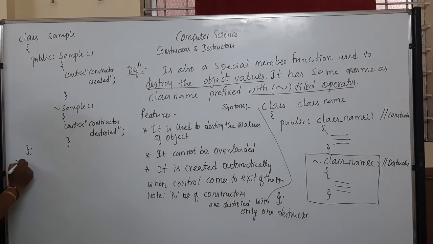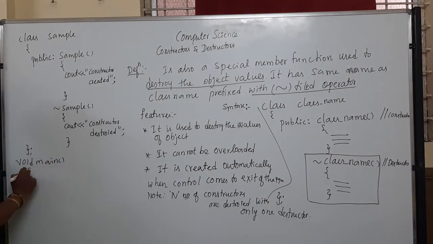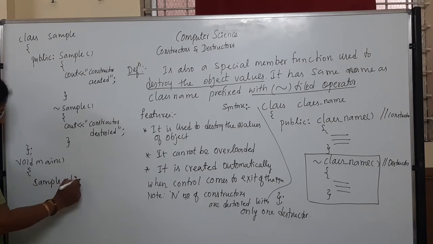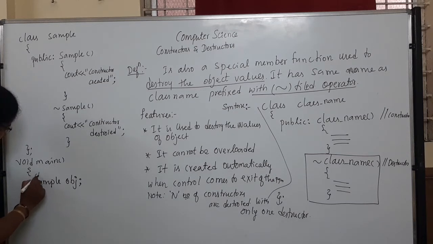Then void main. So just create an object for this: Sample obj. Just clrscr, getch.